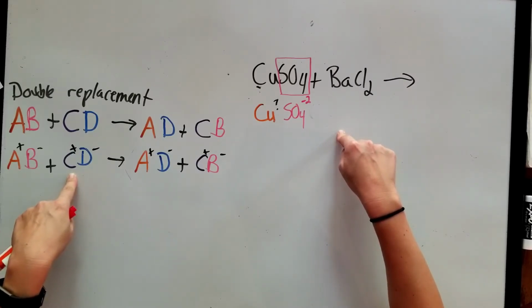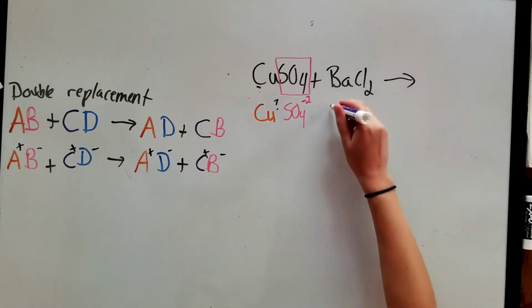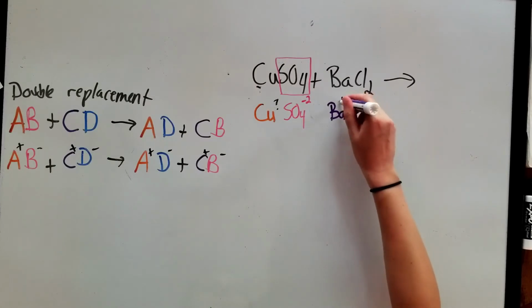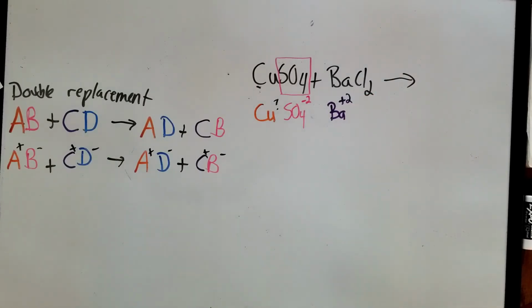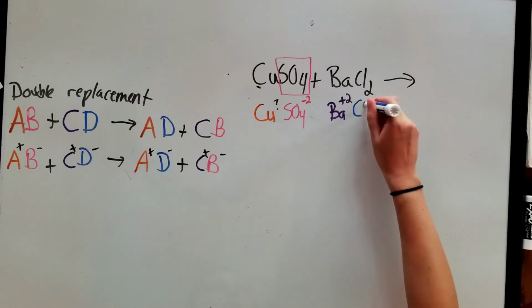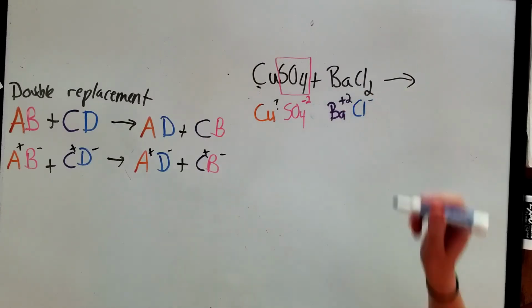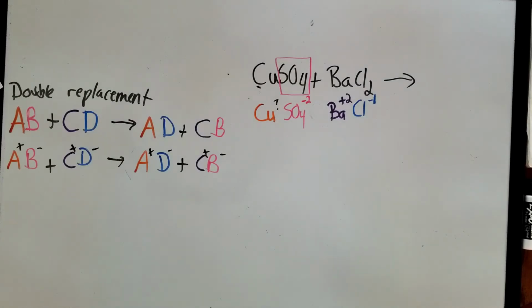So barium is going to be positive because it's a metal, but more specifically +2. I got that from the periodic table. And it's with chlorine, and you can guess chlorine's going to have to be negative because we always have a positive and a negative partner together. And since it's a halogen, it's actually -1. All right?